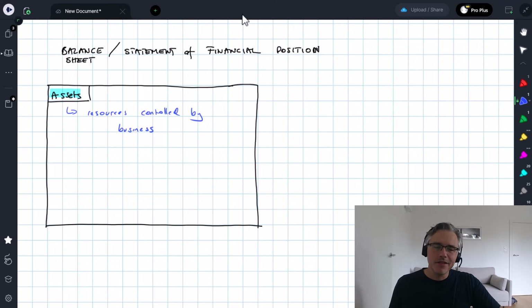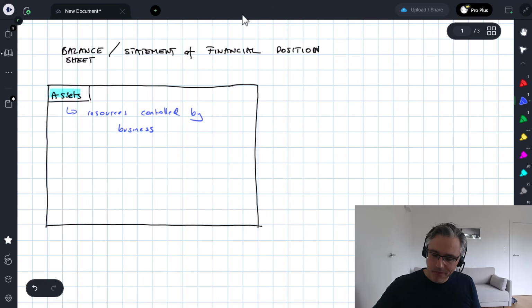That doesn't have to be the case. A good example of assets which are not necessarily owned but appear in somebody's balance sheet are leased assets that belong to somebody called the lessor. I nevertheless, as the lessee, control them, and that's why I include them a lot of the time in my assets. But don't worry about that for now.